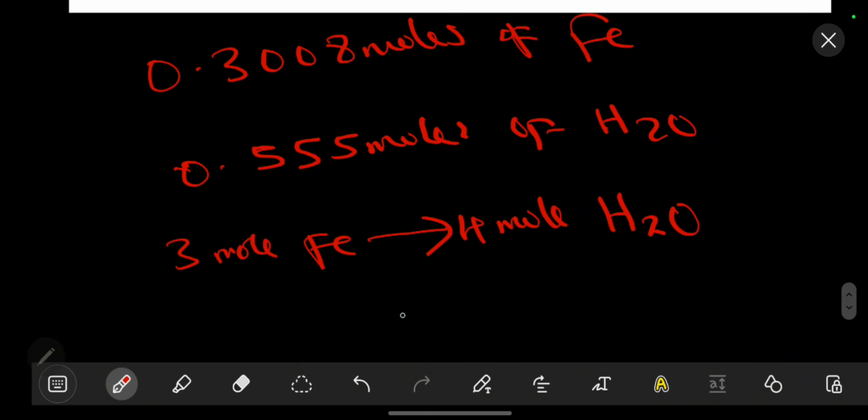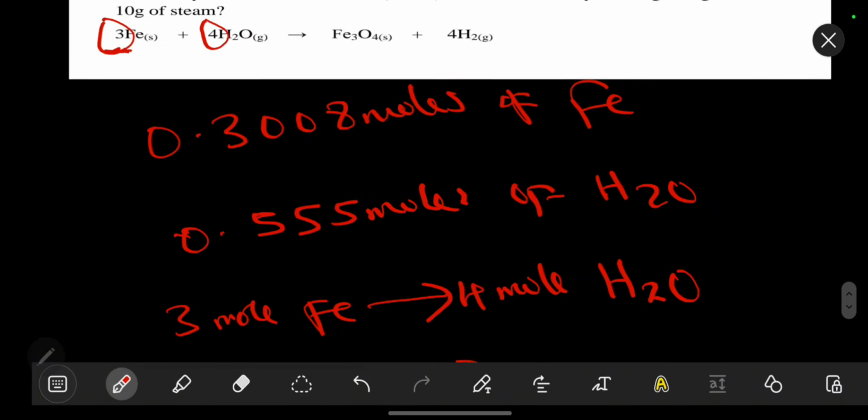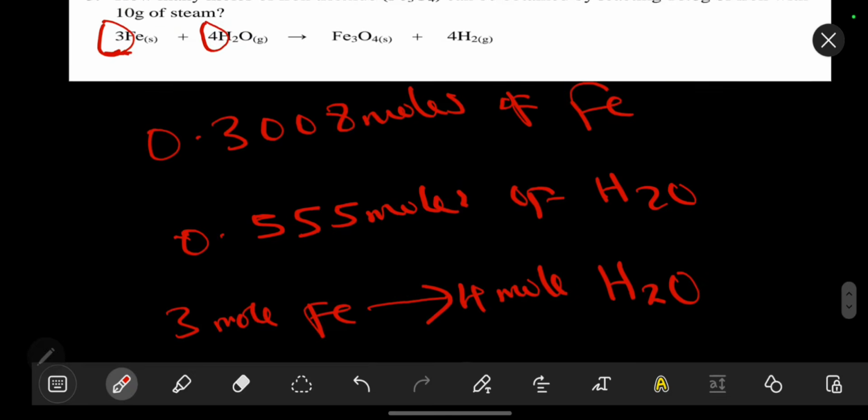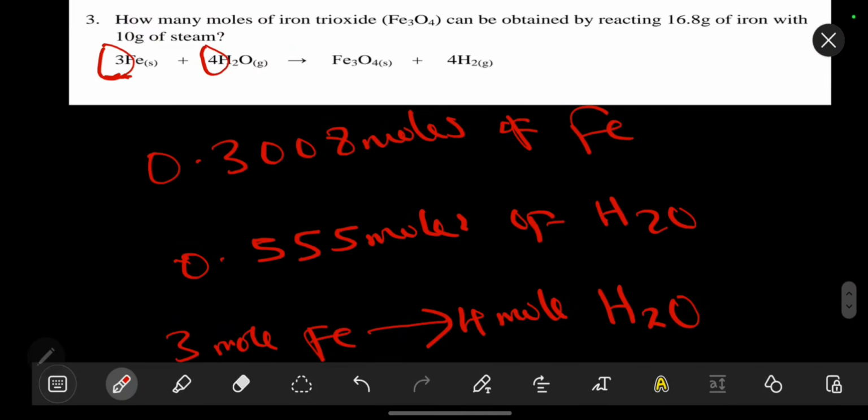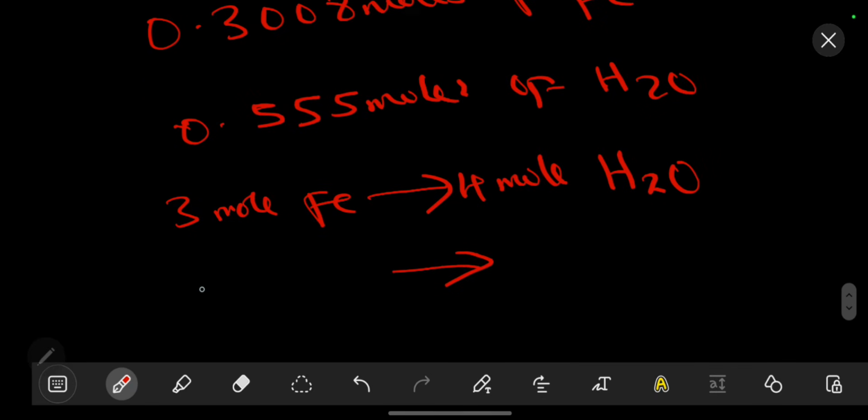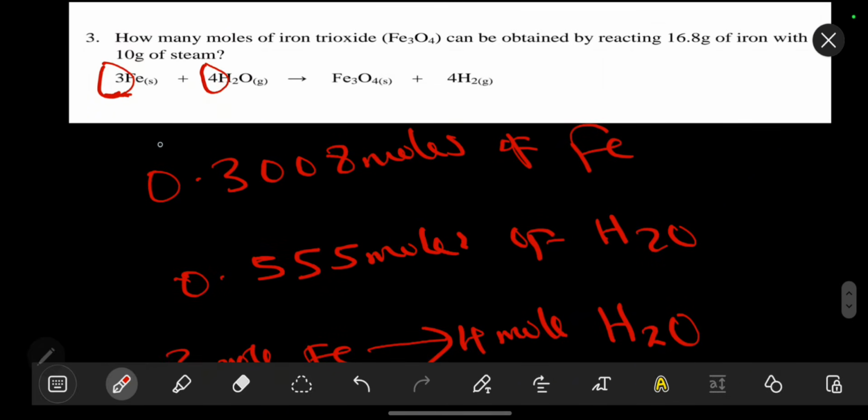Then you ask yourself, what if I have 0.3008 moles? How much of the substance do I expect to react? Because according to the equation, the reaction is a 3 to 4.